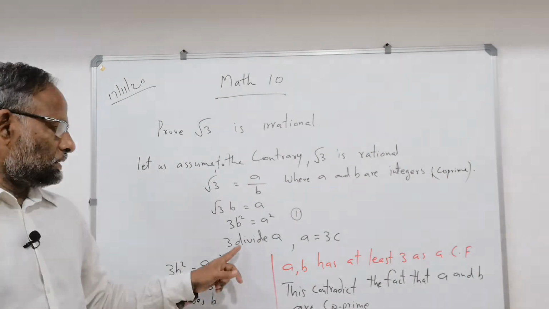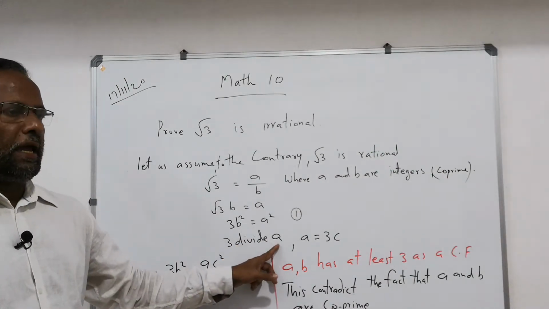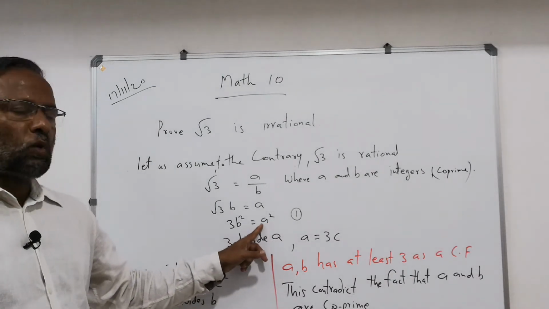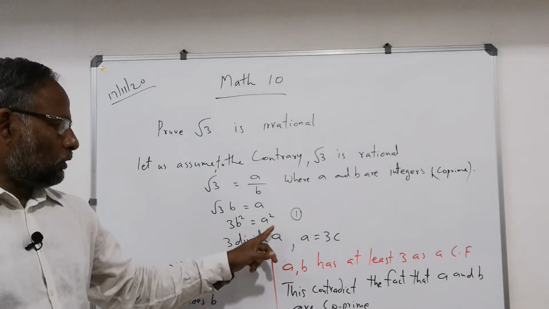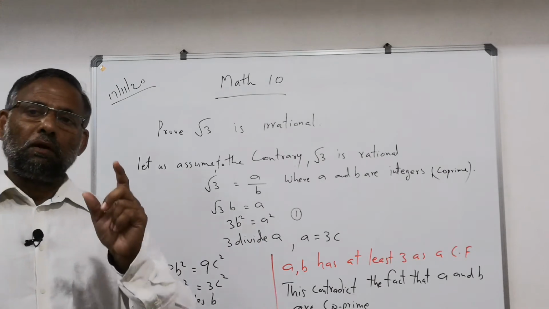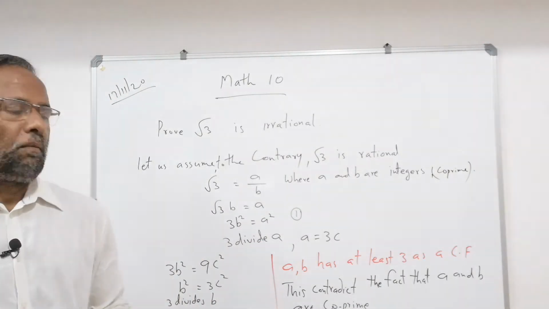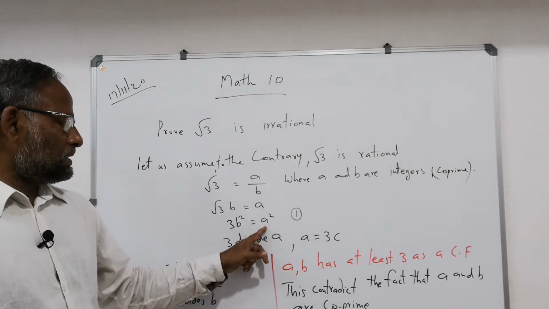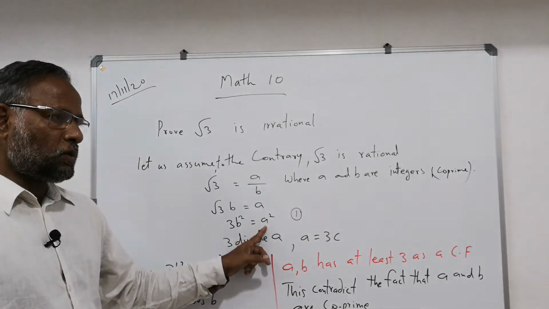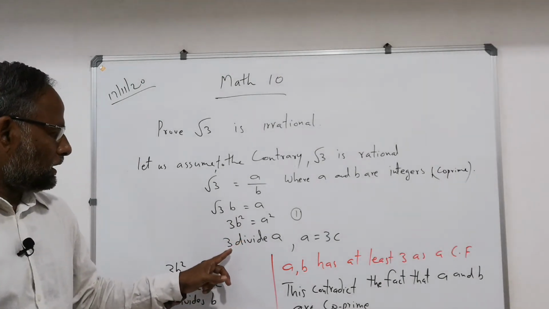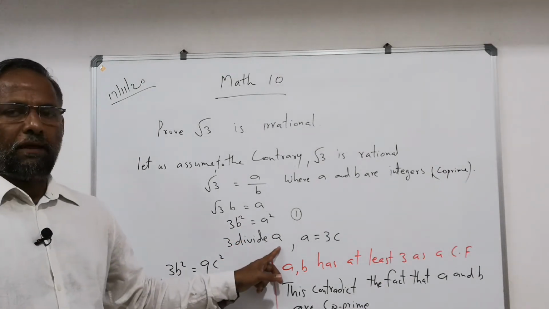Now that means 3 divides A square, or A square is a multiple of 3. This theorem we can apply. 3 divides A square because of 3B square. That means according to the theorem, 3 divides A.